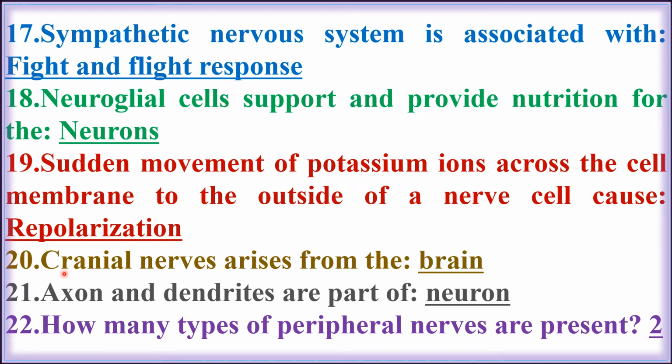Next, cranial nerves arise from the brain. Next, axon and dendrites are the part of neuron. Next, how many types of peripheral nerves are present? That is 2 types.